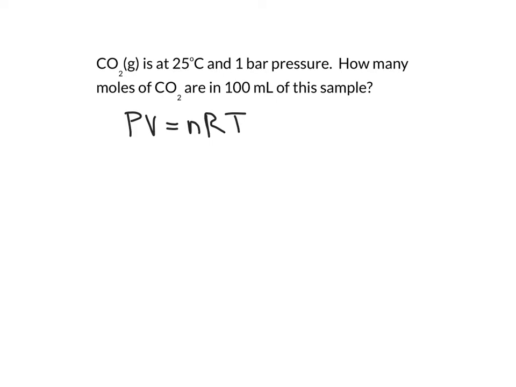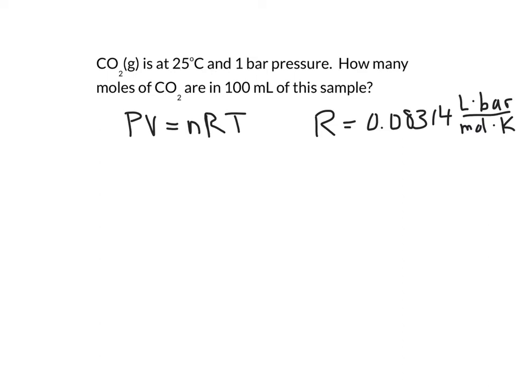Okay, so the first thing we need to know is that the gas constant is equal to 0.08314 with units of liters times bar divided by moles times Kelvin. So notice that we need to have the volume in liters, the pressure in bar, and the temperature in Kelvin to use this equation.